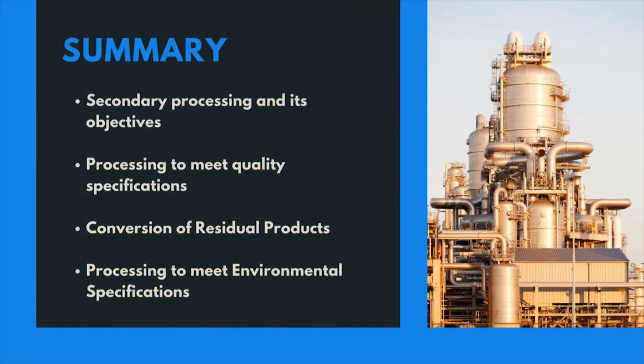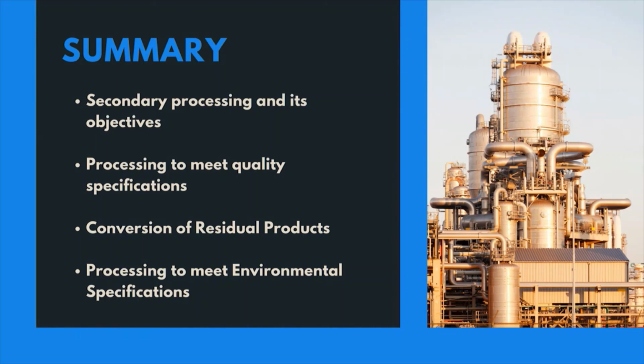Okay, in today's episode on secondary processing, what have we learnt? Let me summarize. We have addressed what secondary processing is and its objectives, and the three different needs for which secondary processing units are essential. Number one, processing to meet quality specifications like octane number improvement.